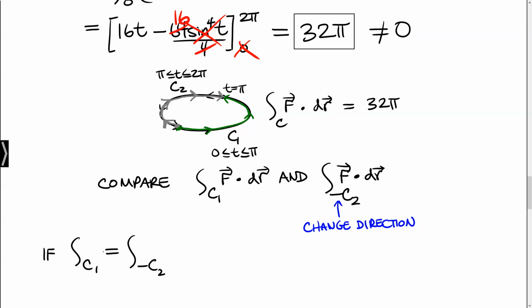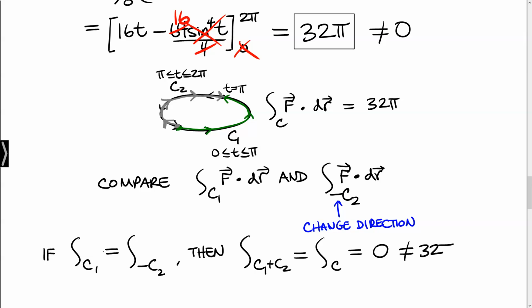So if these two were equal, then that would mean if I subtract the integral of minus c2, that's the same as adding the integral of c2. That would mean the integral of c1 plus c2, which would be the integral of c, would have to equal 0, which it doesn't, because it's 32 pi.